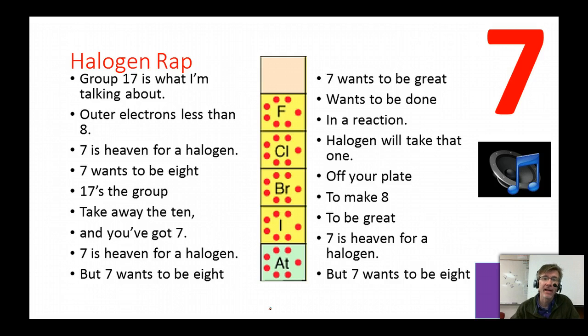Take away 10, and you've got 7. 7 wants to be great, wants to be done in a reaction. A halogen will take that 1 off of your plate to make 8. 7 is heaven for a halogen, but 7 wants to be 8.